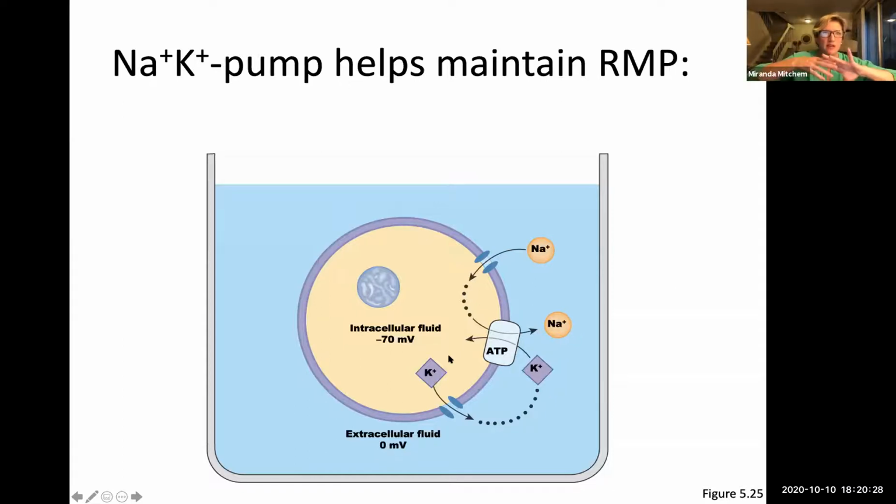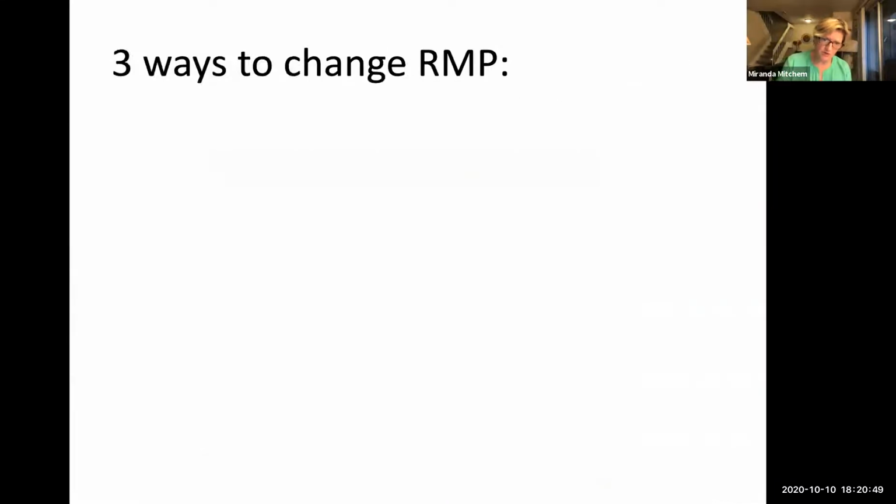Because what happens after diffusion? Well, then we have no concentration gradient. It's not going to diffuse back in, it has to be pumped back in. But the amount of sodium and potassium that goes through this pump is not equal. It's actually three sodiums for every two potassiums. It's not a 1-to-1 ratio.